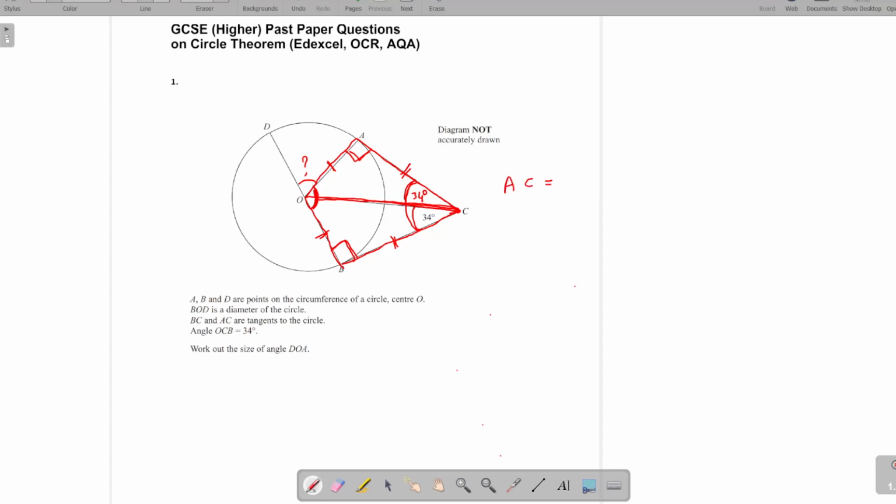AC is equal to BC, tangents drawn from a point. OA is equal to OB, radius.